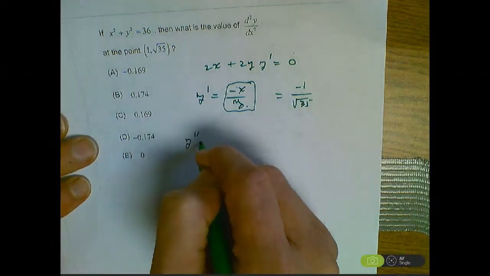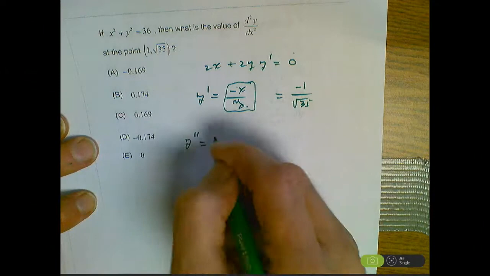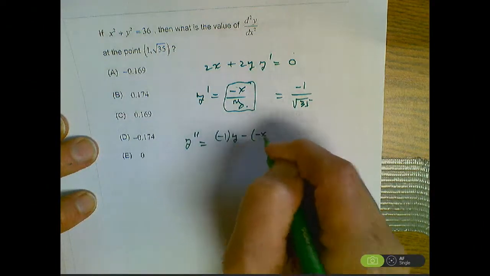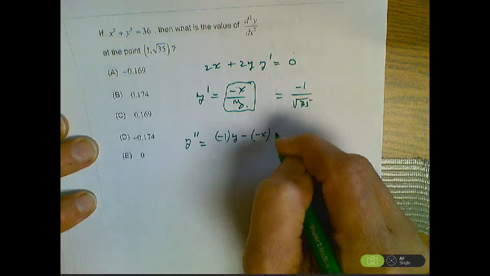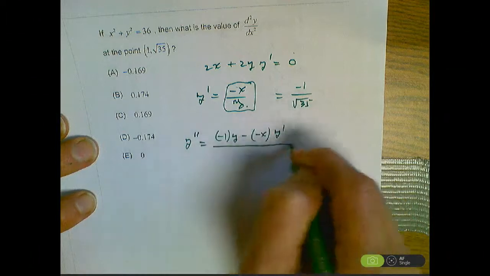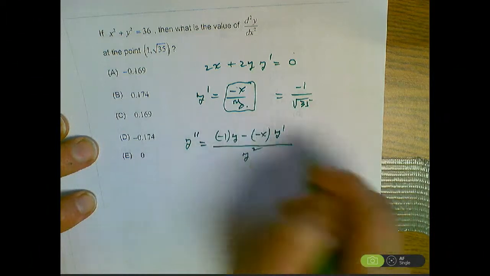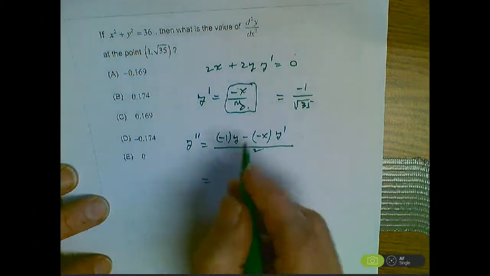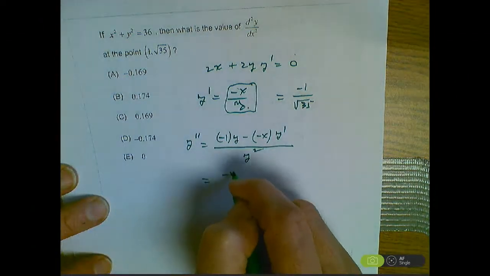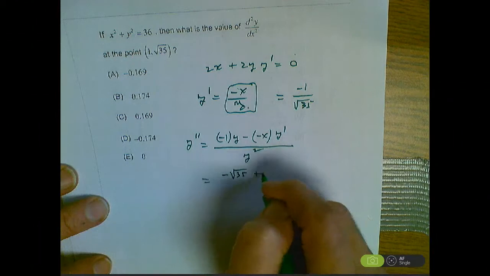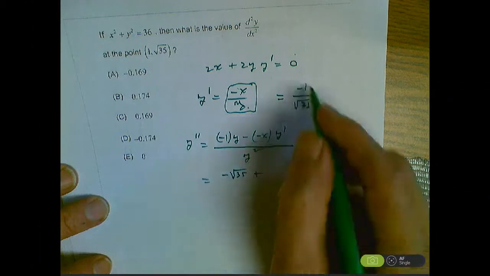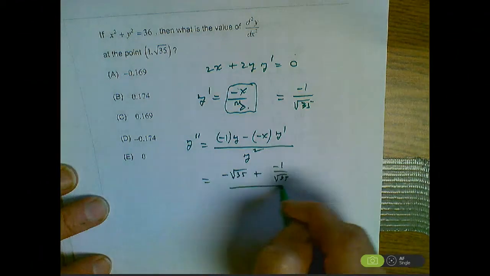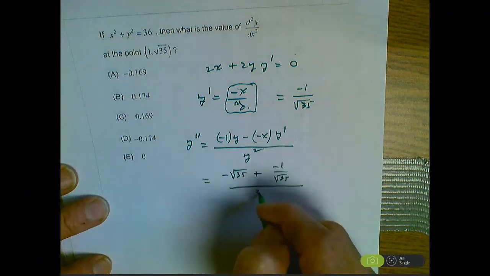Then let's take y double prime. Y double prime is equal to quotient rule: negative 1 times y, minus negative x times y prime, over y squared. So when we look at this, we say, well, negative 1 times negative root 35, plus 1 times negative 1 over root 35, all over y squared, which is 35.